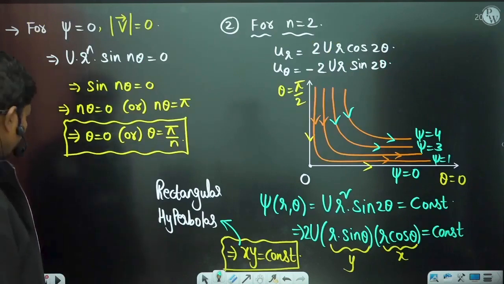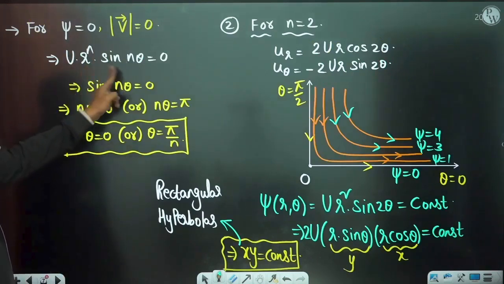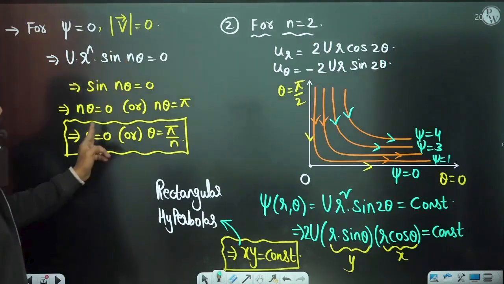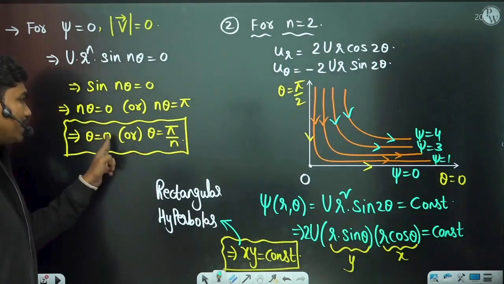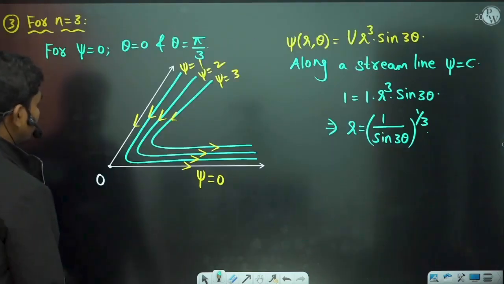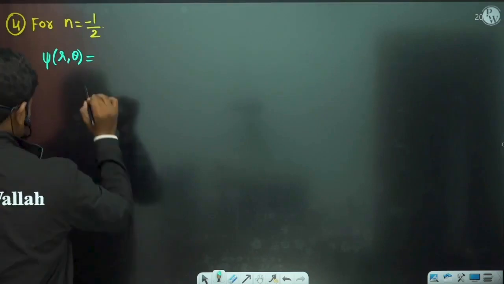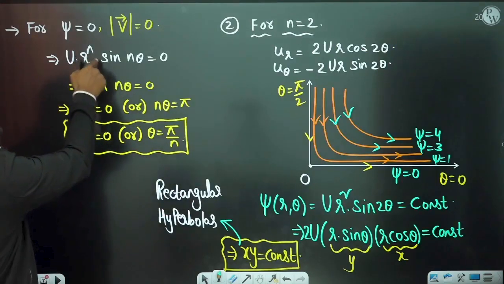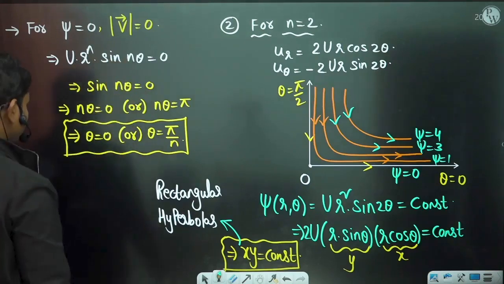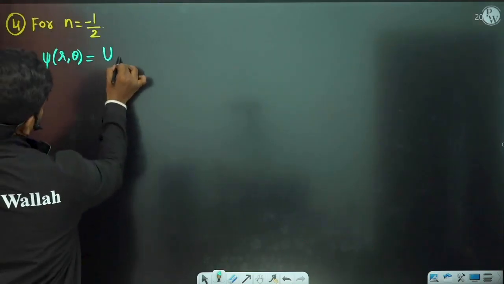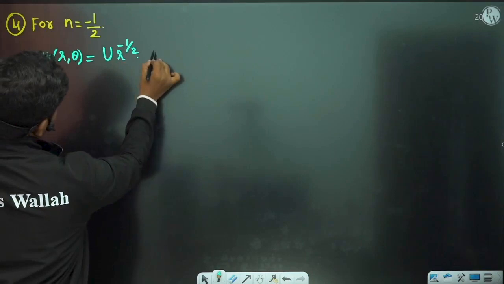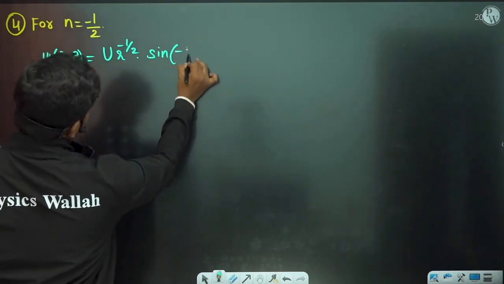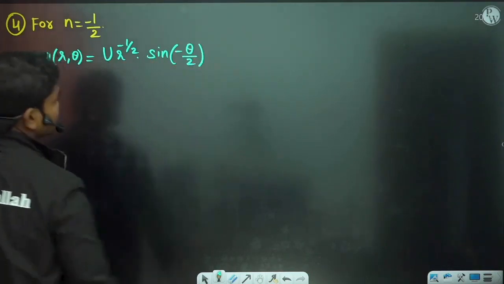What is the expression for psi of r comma theta? It is u r^n sin n theta, so if you put n equal to minus half, psi is equal to u r^(-1/2) sin(-theta/2). So this is the stream function.